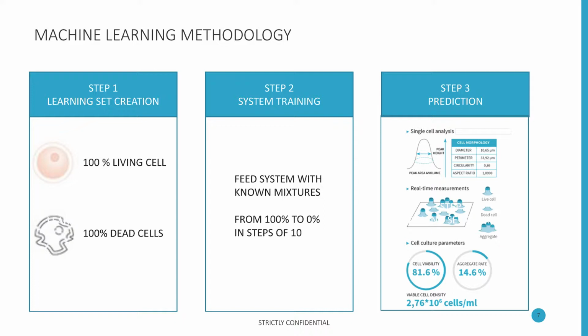The second step is that we feed the system with known mixtures from 100% to 0% in steps of 10. And then we basically have our finished algorithm, and we can start using it to predict our analysis and to predict the results in our culture. So the single cell analysis and do really the real-time measurements.